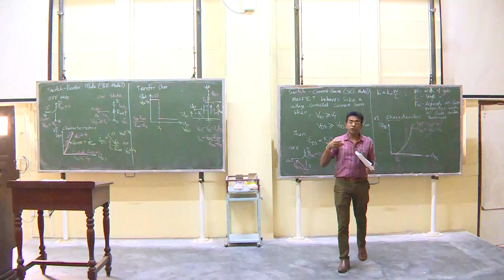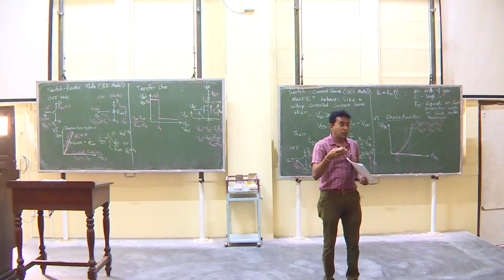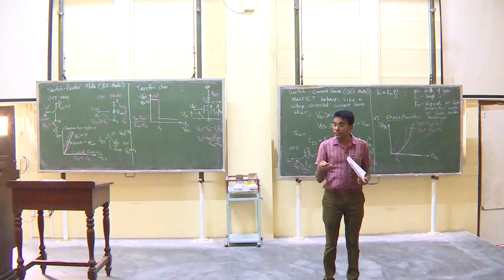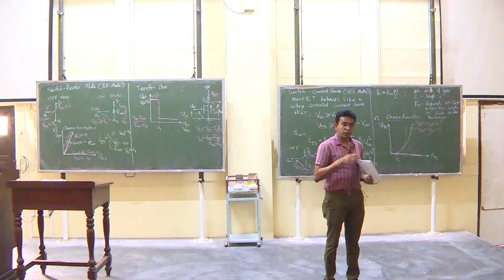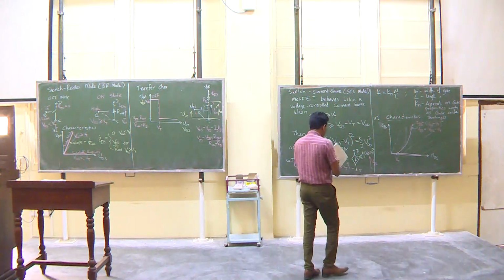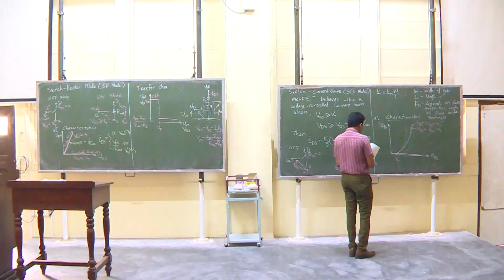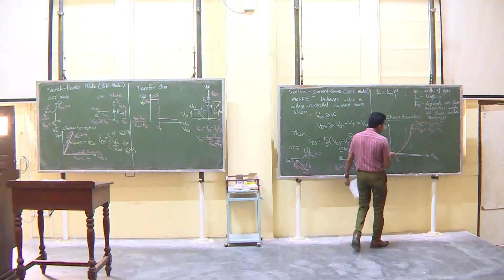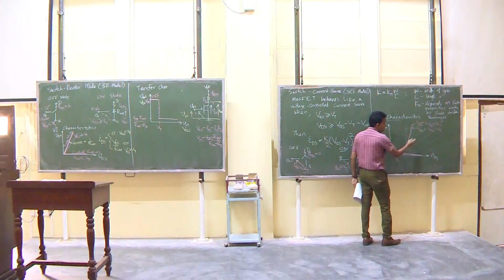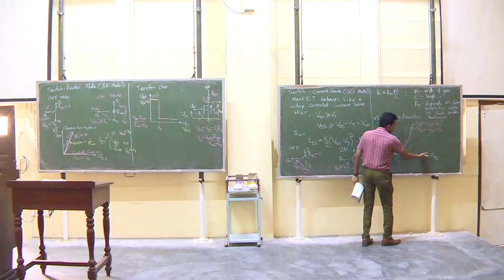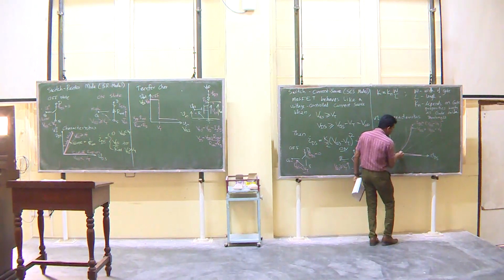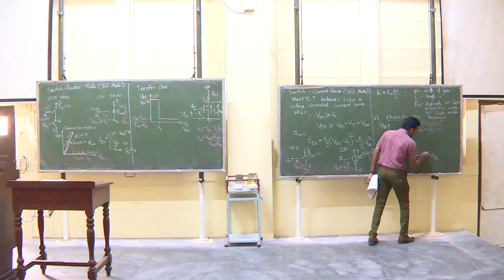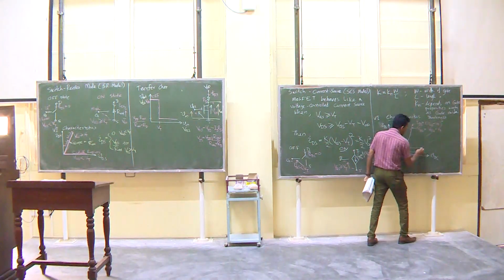Just like for the BJT, whose VI characteristics depend on IB, the base current, and we had multiple parallel lines, here also we have a similar situation where we have different lines. If you have VGS equal to VT, you have that. If you increase it further, there will be another value.